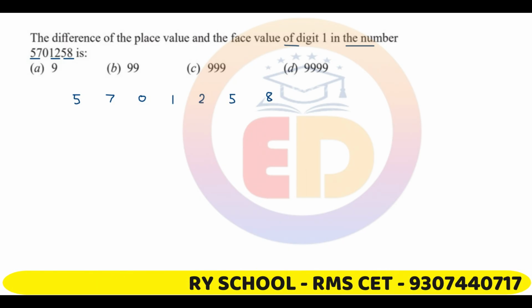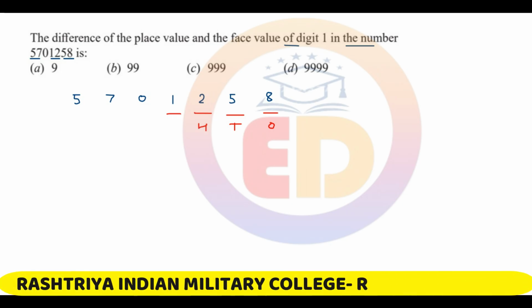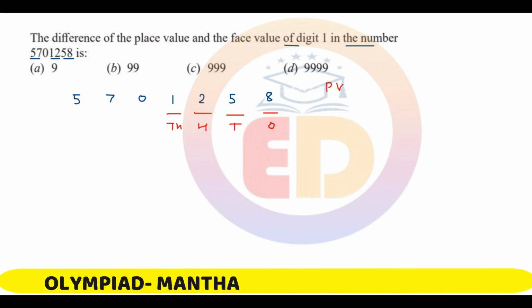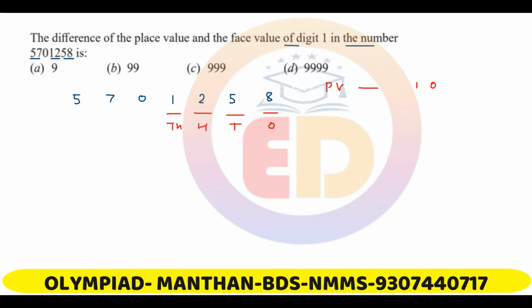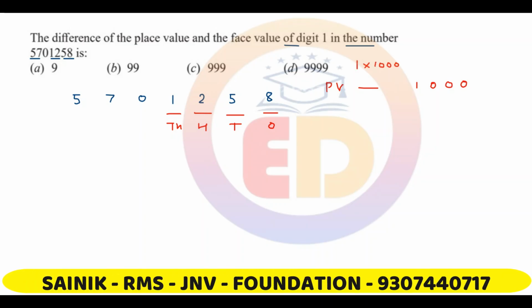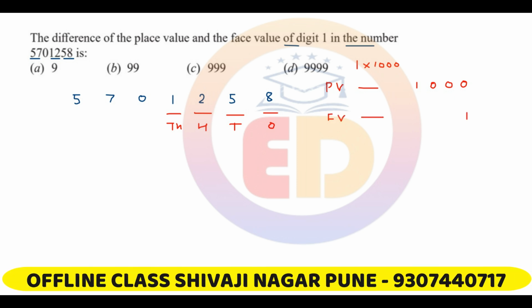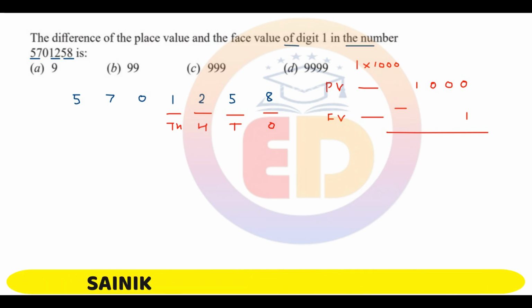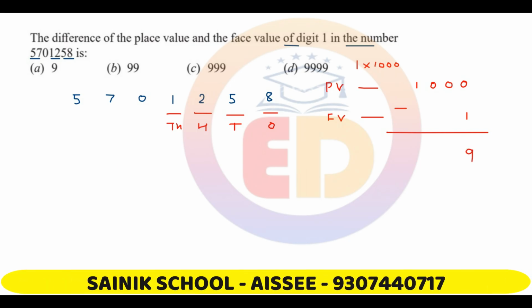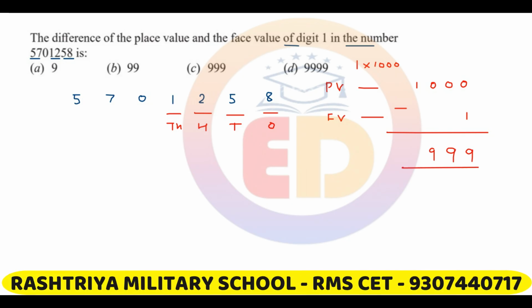So we can see here is the digit 1, ones place, tens place, hundreds place and thousands place. So its place value will be 1 into 1000, 1000, and its face value is 1. Subtracting these two, this is 9, this is 9 and this is 9. Answer is 999, option C.